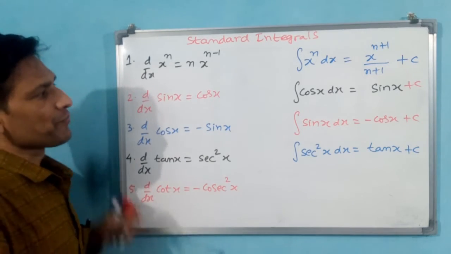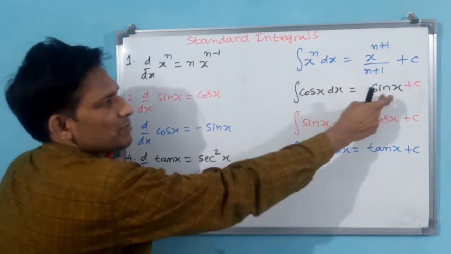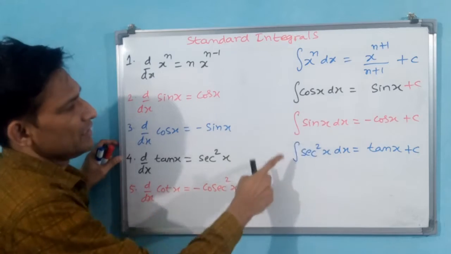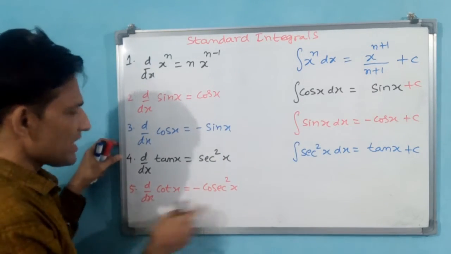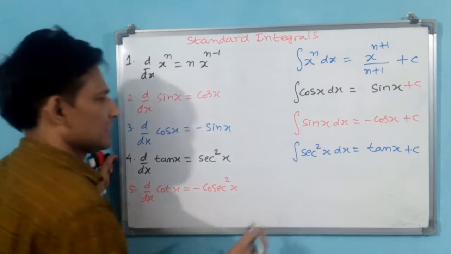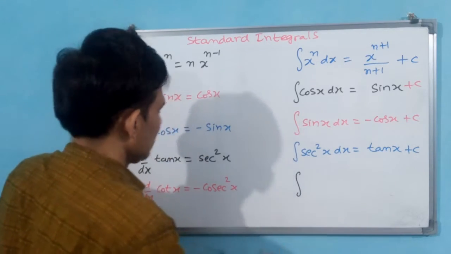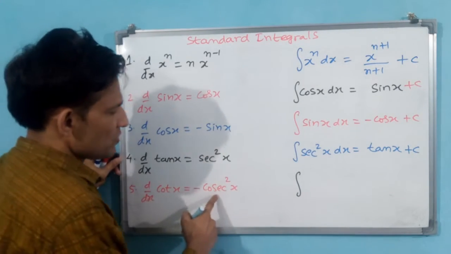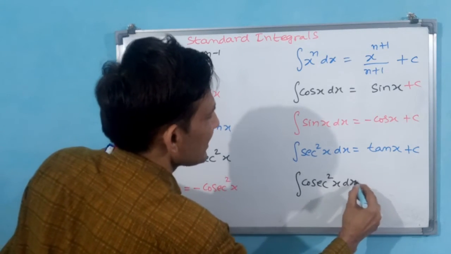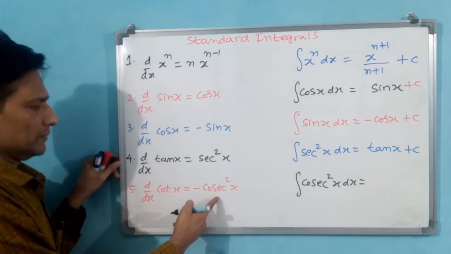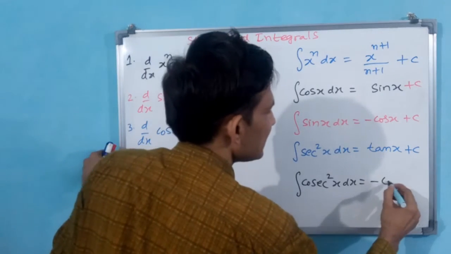In integration, cos has come with plus, but sine has come with minus. But here what will come, you see? Integral cosecant square x dx is equal to minus cot x plus c.